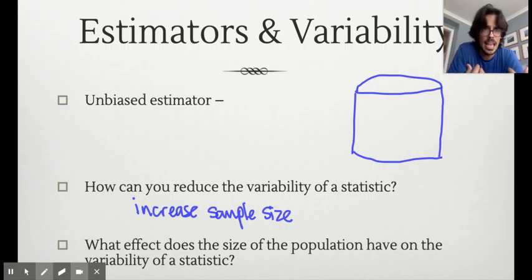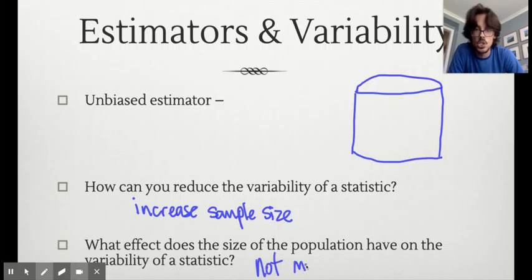There's not going to be that much of a difference between a population this big and a population this big. You and I are going to get similar answers, no matter if the population is this big or this big. What really matters is the size of our scoop, not so much the size of the container. Okay? So what effect does the size of the population have on the variability of a statistic?